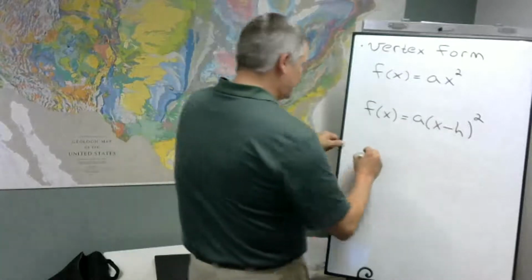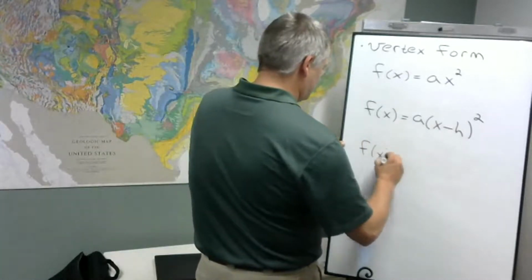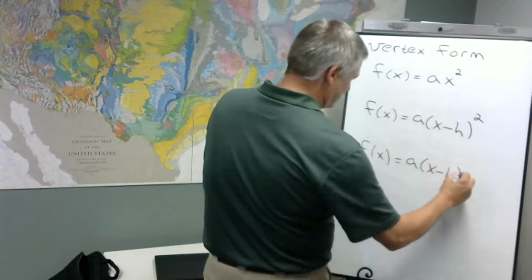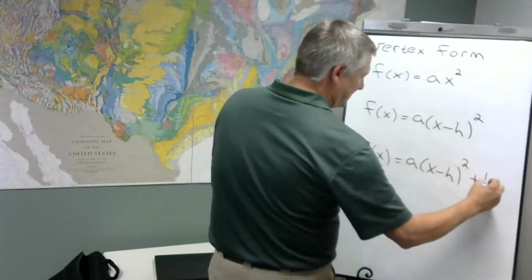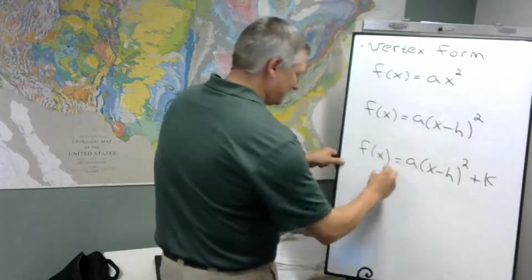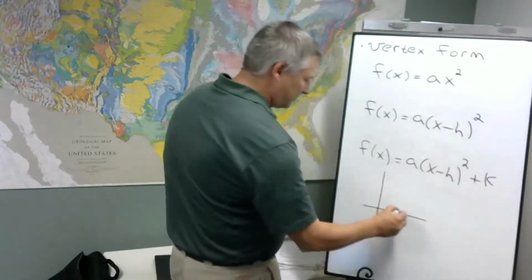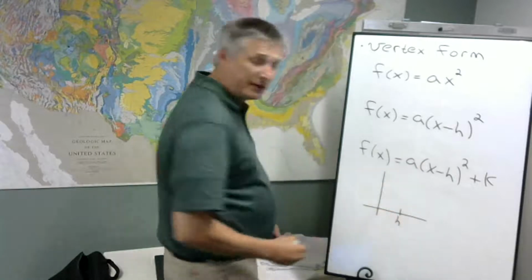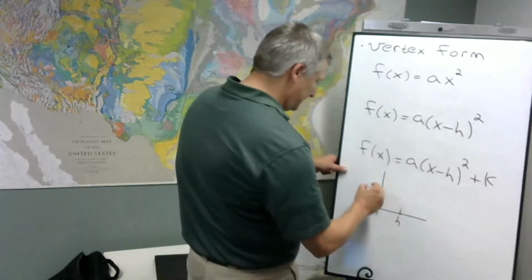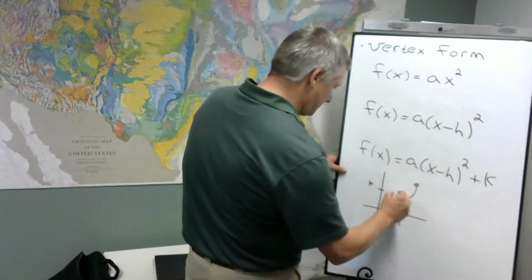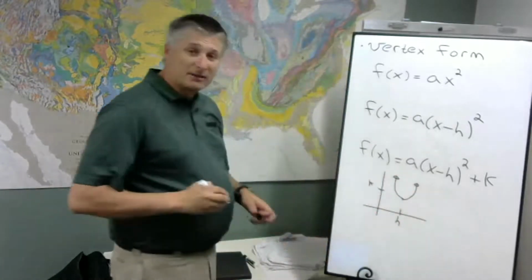And then we're going to do this. We'll add k. So we have our parabola. We shifted it horizontally over here. And then we're going to lift it up to k. We're going to get something like this.